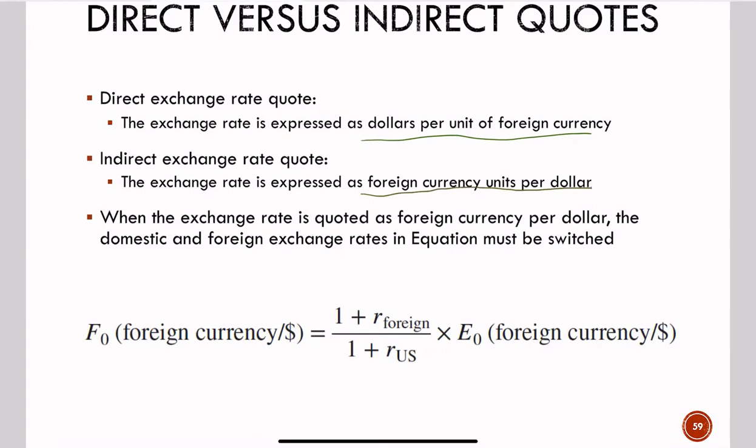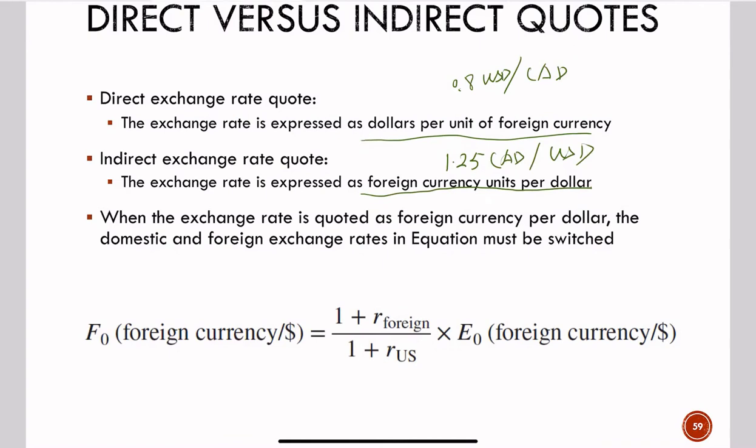So if the direct quote says 0.8 US dollar per Canadian dollar, the indirect quote would be 1.25 Canadian dollar per US dollar.